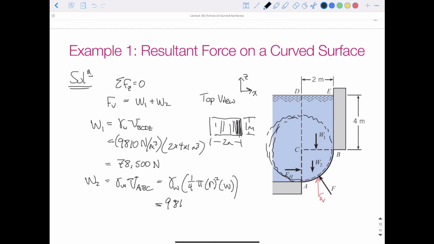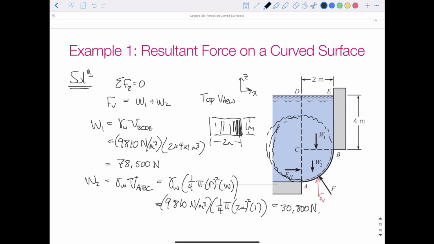So 9810 newtons per meter cubed times 1/4 times pi times 2 meters squared times 1 meter into the page. And this should give us 30,800 newtons.